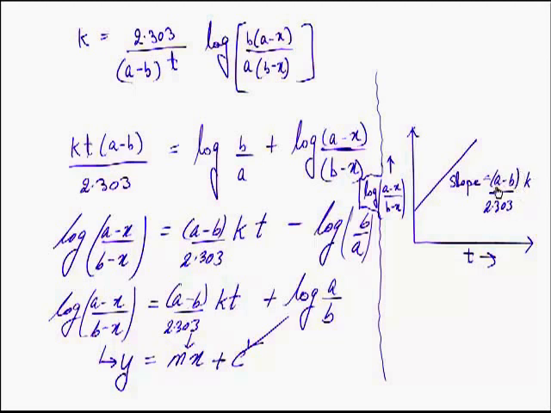So knowing the initial concentrations of A and B, we can easily calculate the value of rate constant k of the reaction. And the y-intercept out here will be log a upon b.